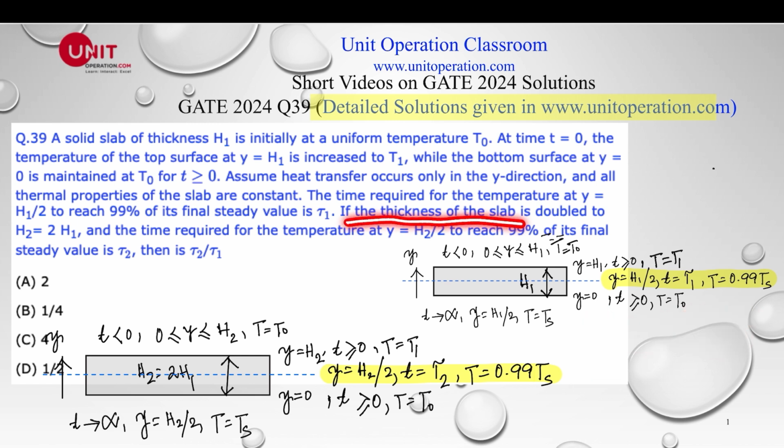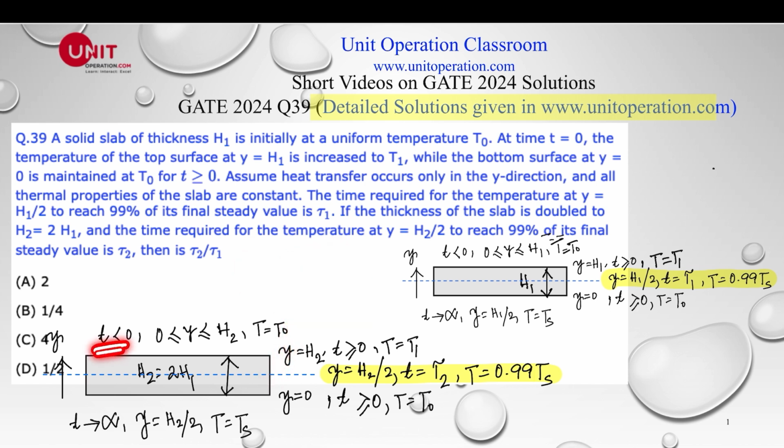Now this is the second situation. If the thickness of the slab is now increased or doubled to H2, so H2 is equal to 2H1. So now we take a slab which is of double thickness than this one. Otherwise, the conditions remain the same.